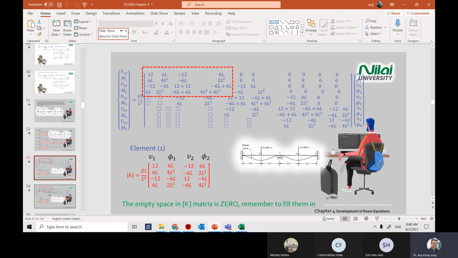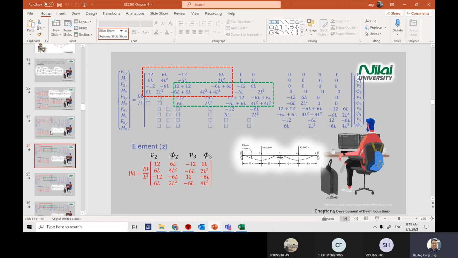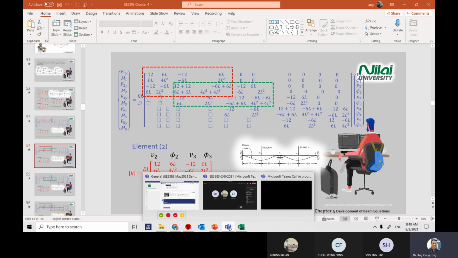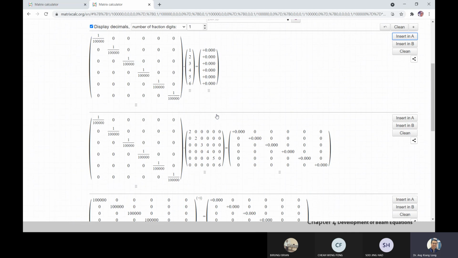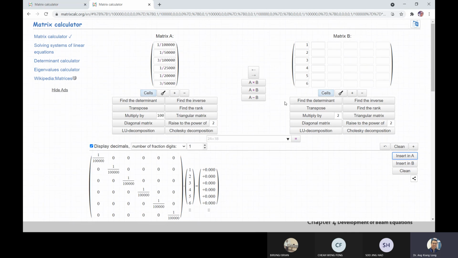The rest, I do not test you. I mean, I do not test you on how to do the inverse matrix and so on. That one is under advanced mathematics or calculus. I assume you understand already. So there's no point you lose some marks for the inverse matrix and so on.